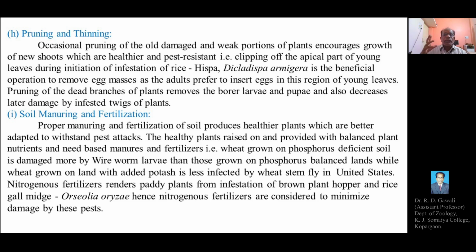Hence nitrogenous fertilizers are considered to minimize damage by these pests.